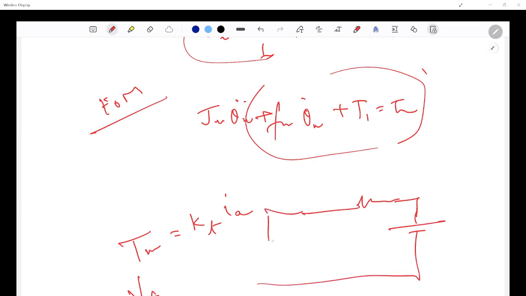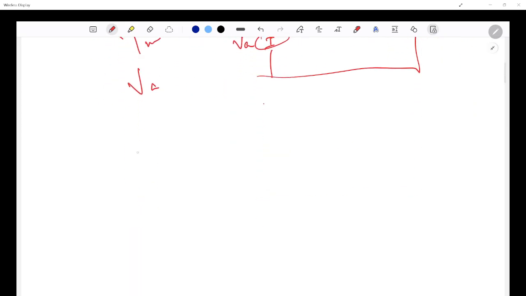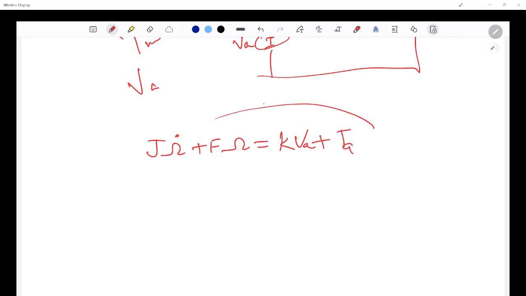Let's say you are supplying a voltage here, so your Va is equal to Ra Ia plus Kg into theta_m dot, because this is the back EMF that is being generated. If you combine everything, you basically get an equation in terms of J omega dot plus F omega. These all are constants and I'm not writing the values. So this is the core system equation when you combine all the electrical circuits and the mechanical load together.